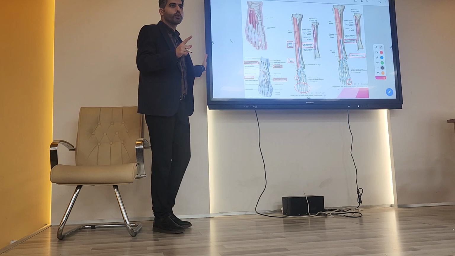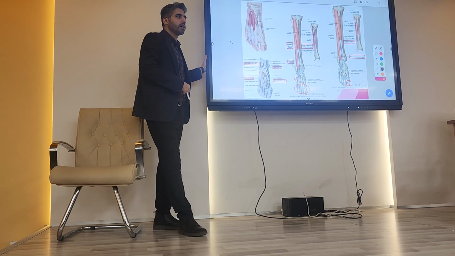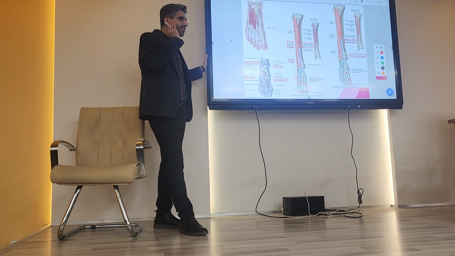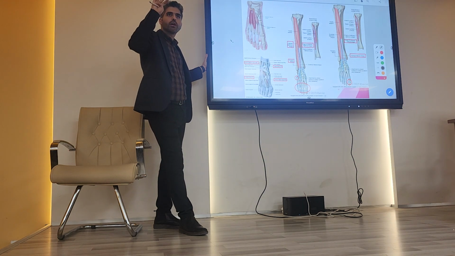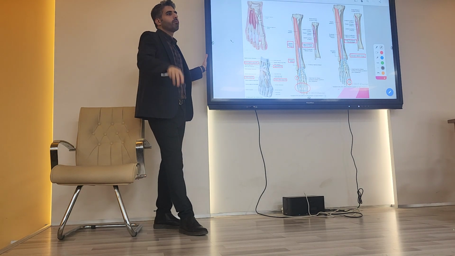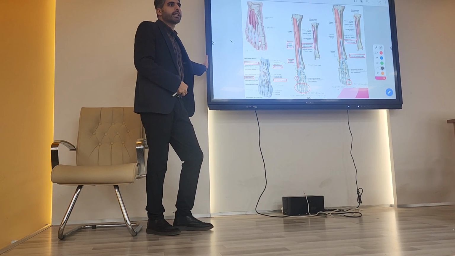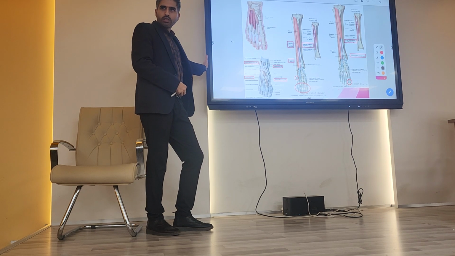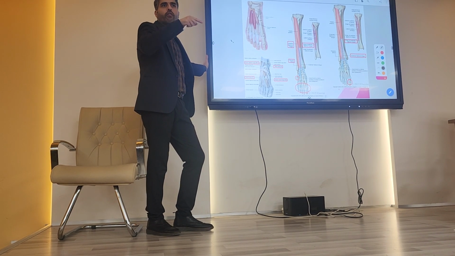But I told you, always in the upper limb and lower limb, when you hear the name digitorum, it means fingers number 2, 3, 4, 5, except number 1. But this muscle is an exception. You say digitorum, but it's not attached to numbers 2, 3, 4, 5.